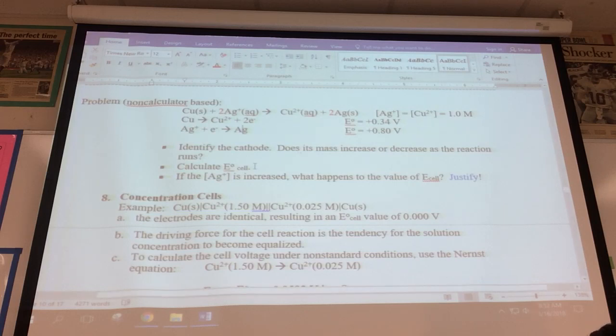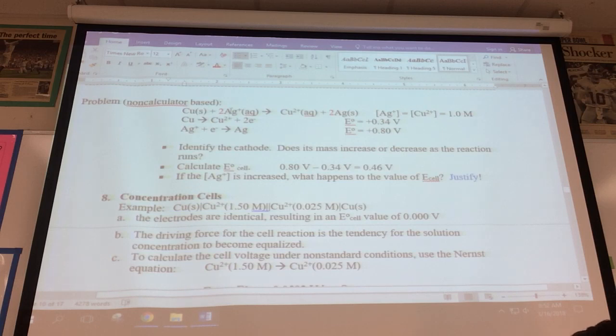How would you calculate Ecell? You would do cathode minus anode, so you would do 0.80 volts minus 0.34 volts is equal to 0.46 volts, correct? Now, here's the new piece.